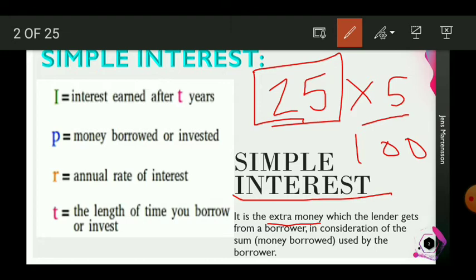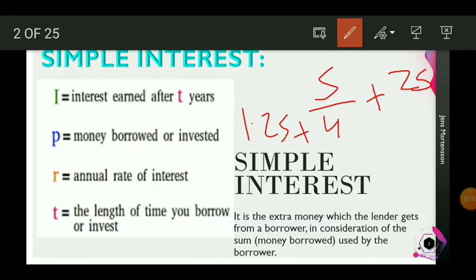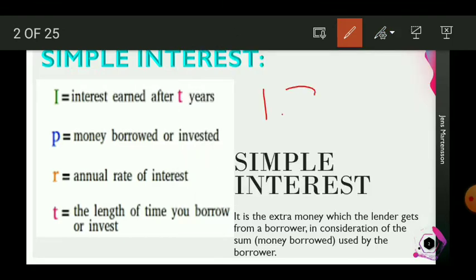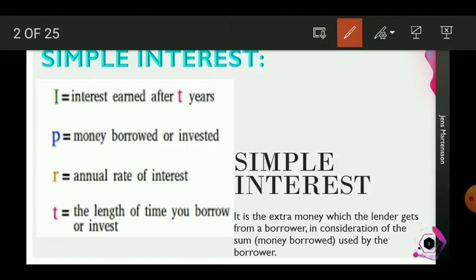So 5% of 25, which is 25 upon 20, which is 5 by 4. So 5 by 4, that is 1.25 rupees, is added to 25. So 1.25 plus 25 gives me 26.25. So what does it mean?